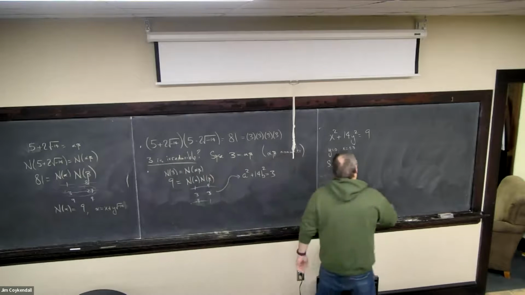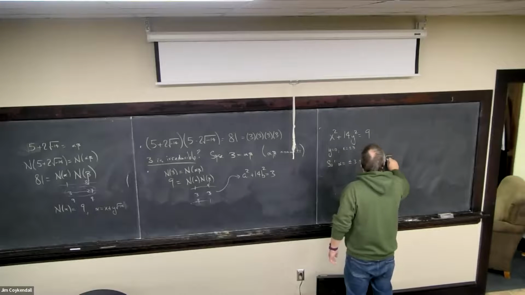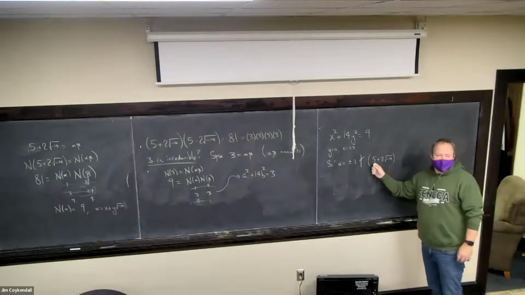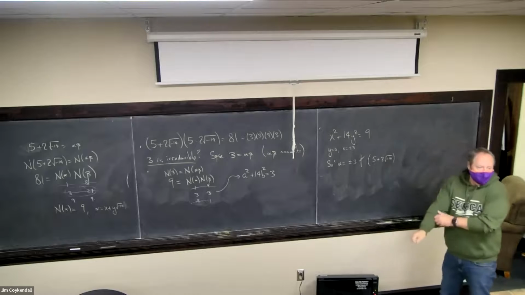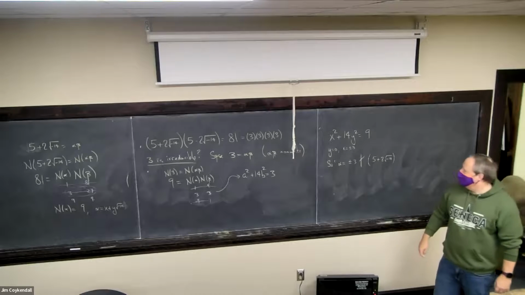But this does not divide. Very plainly, it doesn't divide this because there is no 5/3 plus 2/3 radical negative 14, right? Okay with that?